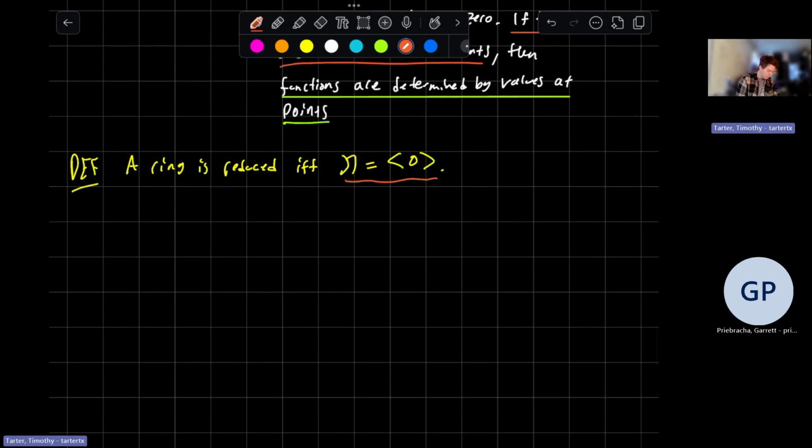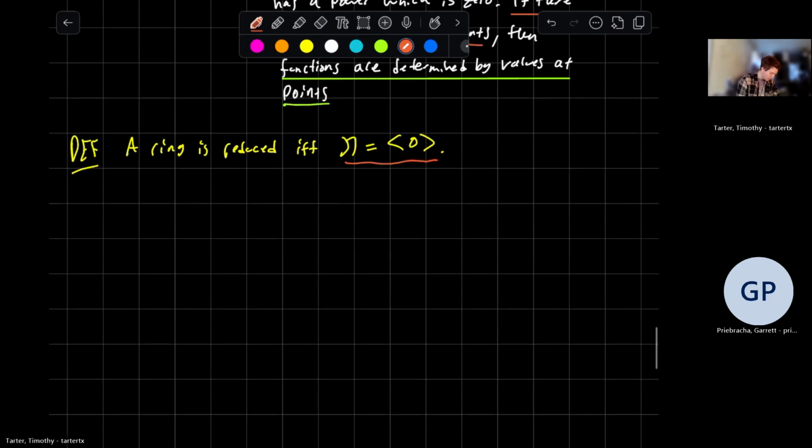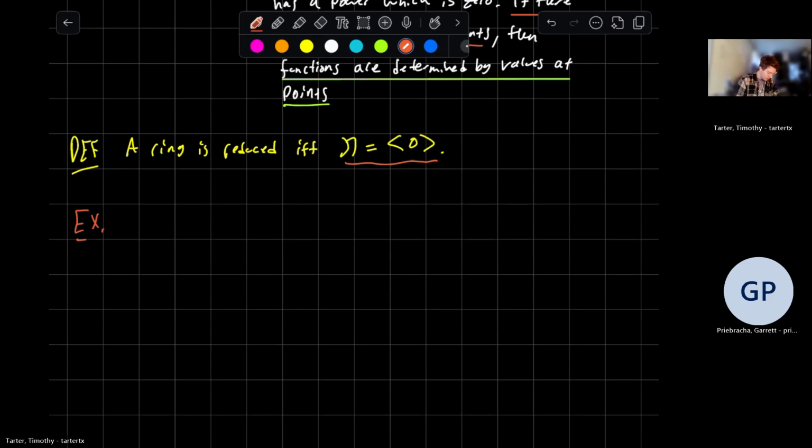Okay. So there's kind of a cool example of nilpotents and their importance.